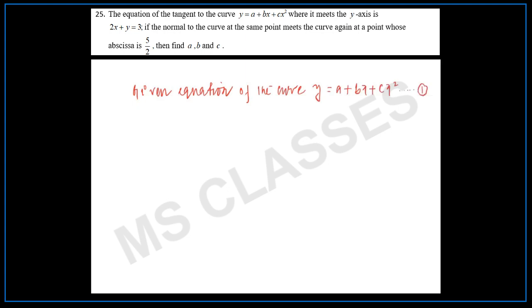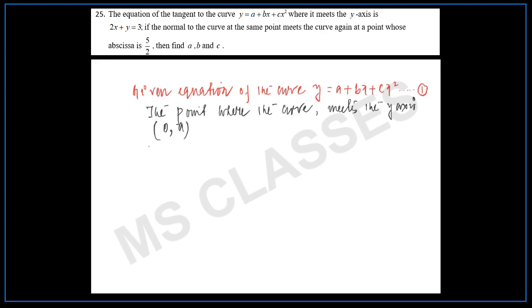The point where the curve meets the y-axis, x is absolutely 0. So if we substitute x equal to 0 here, y is becoming a. So we get 0 comma a as a point of contact for the tangent.